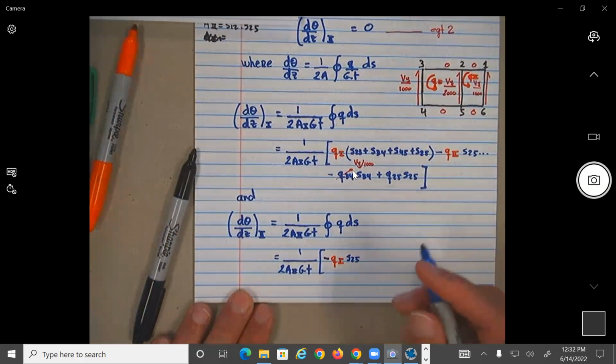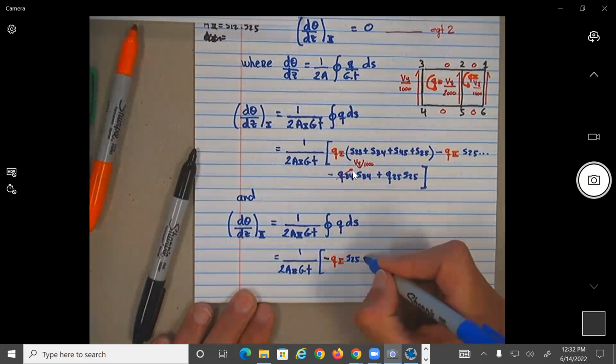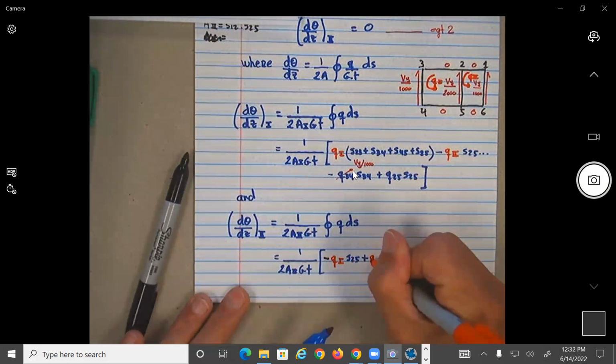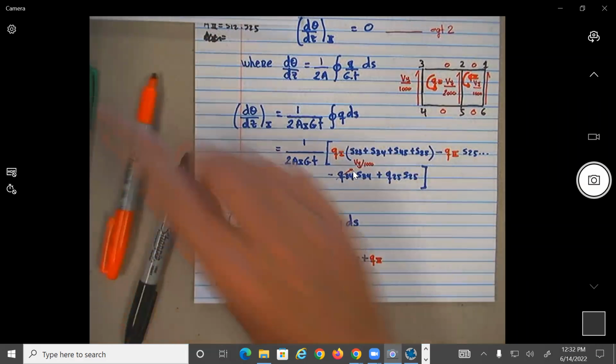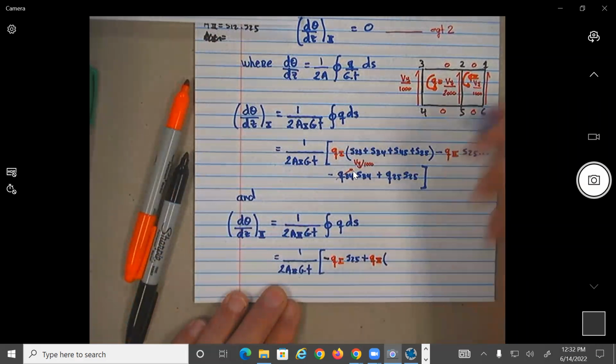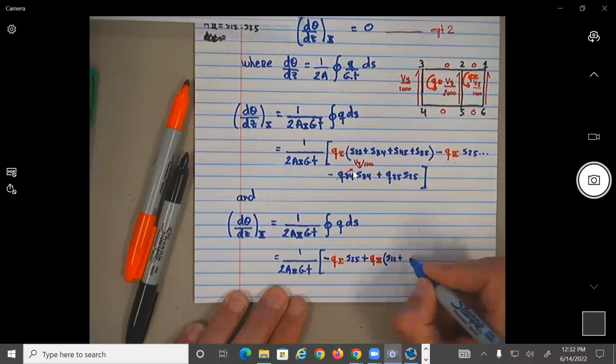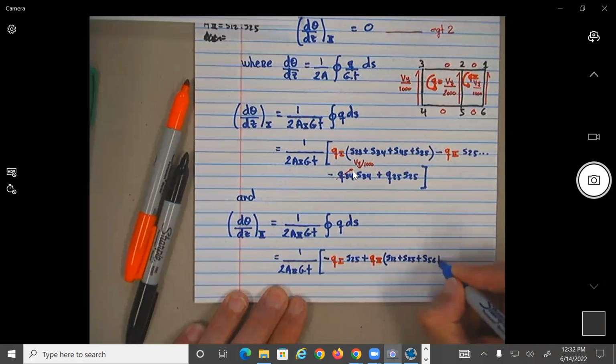Now let's do the Q2s. Plus Q2 will be going all around the cell, so you can start wherever you want. S12 plus S25, if I start from that corner, plus S56 plus S61.